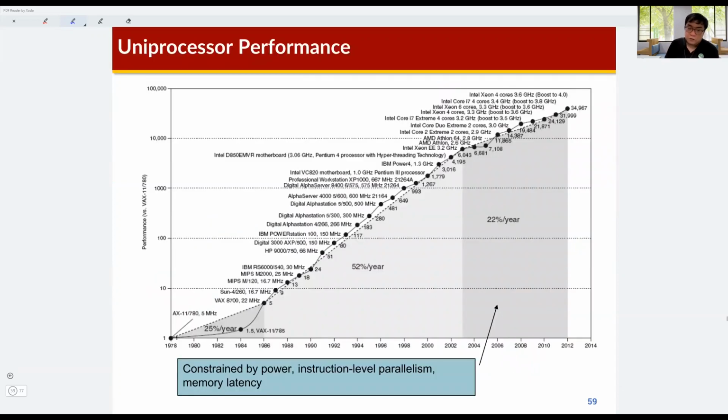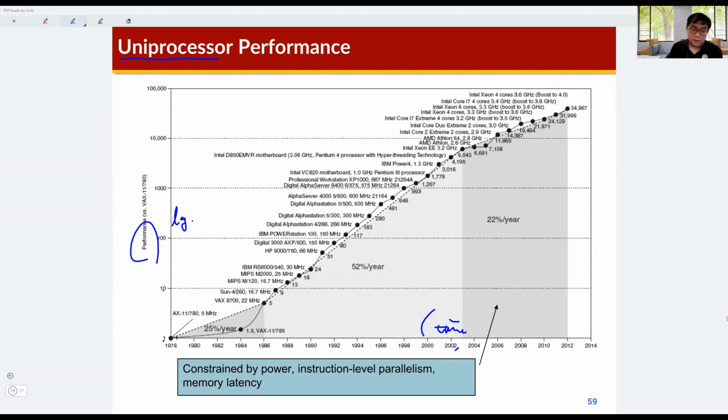So this graph shows the performance on the y-axis, and the x-axis is the time, year. And this graph shows the performance of uniprocessor, that means the single core processor. Also you need to notice that this performance y-axis is the log scale.